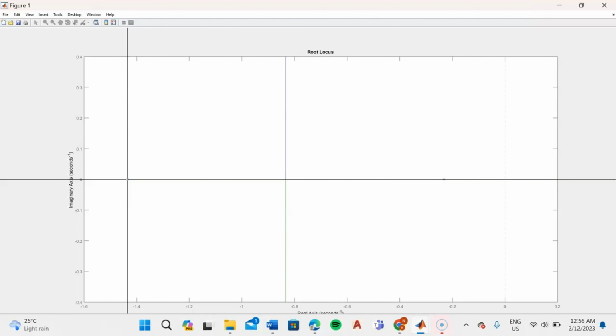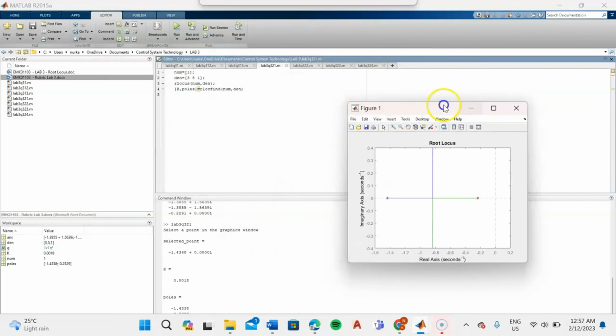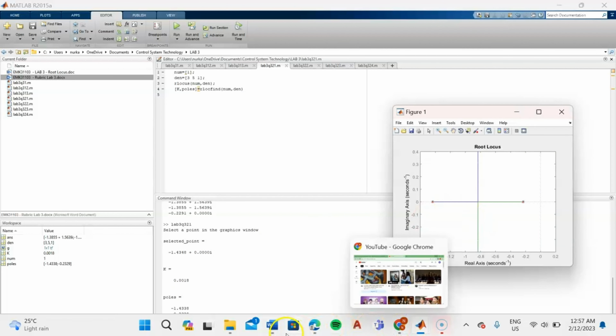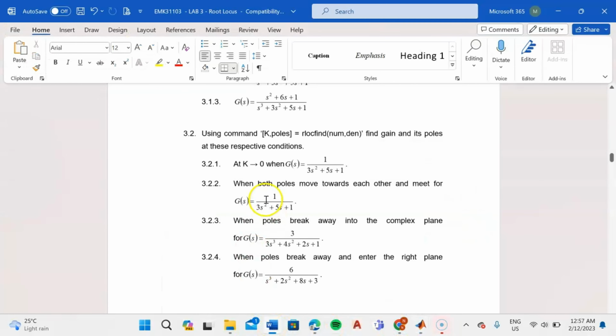So find this one. Okay, you can see that this is the results. It states that k equals to 0.0018. So basically it's k equals to 0. So this is my results that I get.